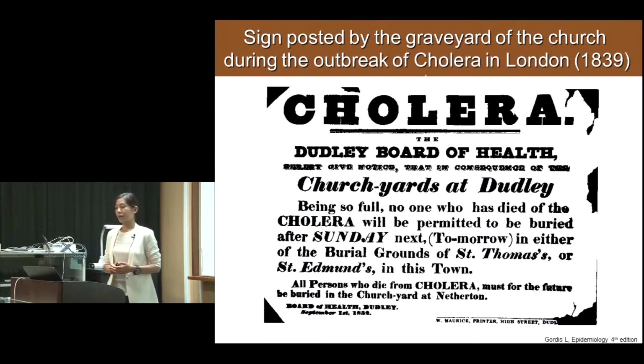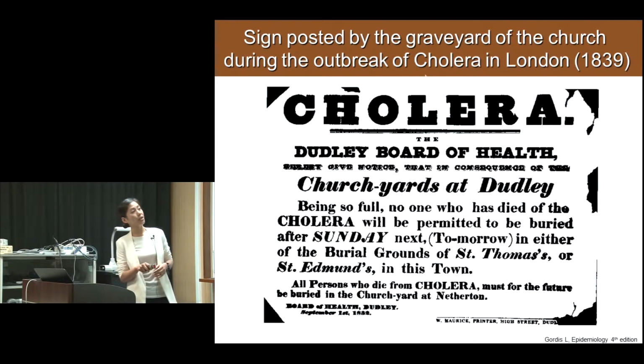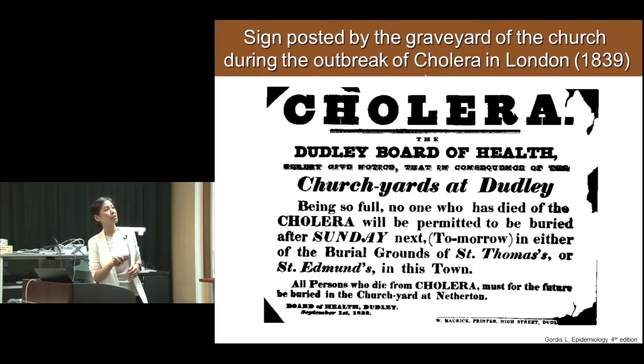And we can never not talk about this classic example of the epidemic of cholera in London in the 1800s. The photo here shows the sign posted by the graveyard of the church during the outbreak of cholera in London.